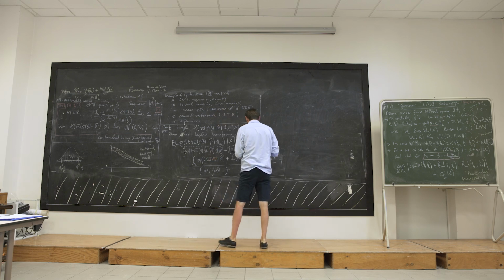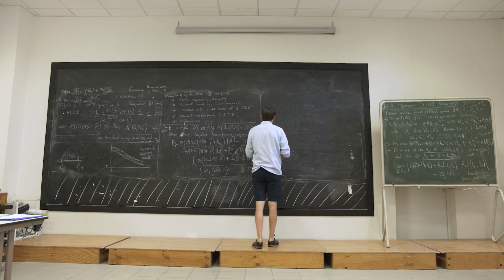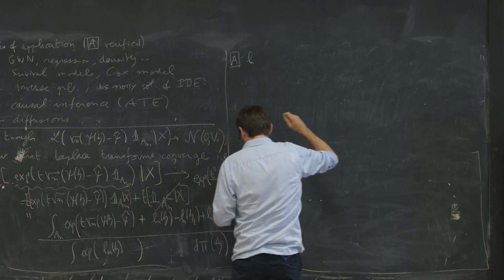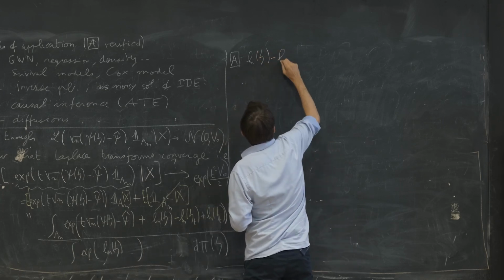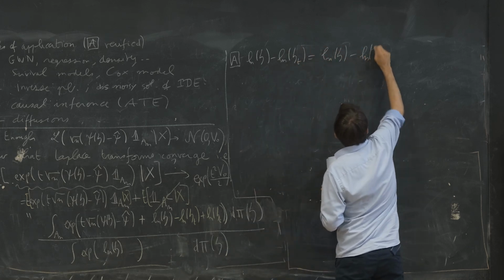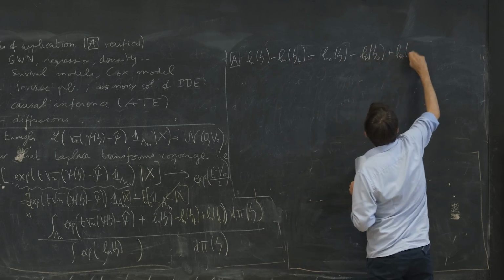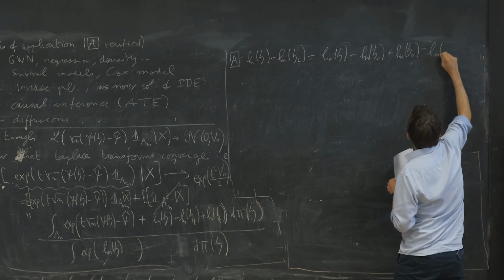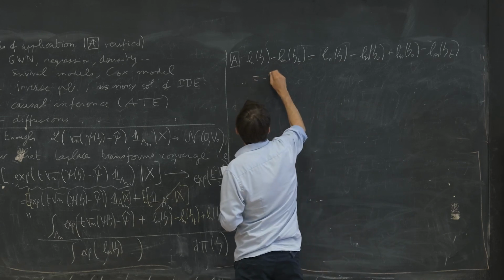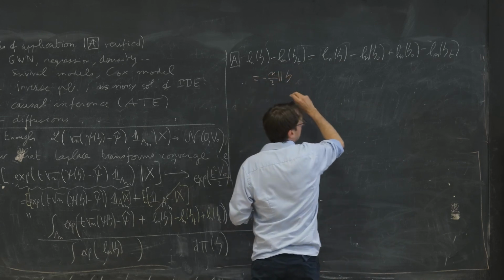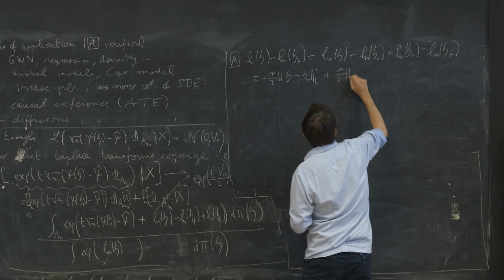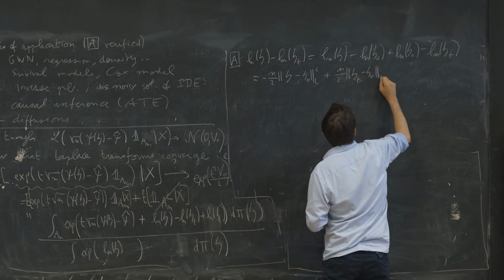So what we have now is that we can use the setting A to write that ln of eta minus ln of eta t is ln of eta minus ln of eta 0 plus ln of eta 0 minus ln of eta t, and I can use these expansions here. So I get minus n over 2 norm of eta minus eta 0 squared plus n over 2 norm of eta t minus eta 0 squared.